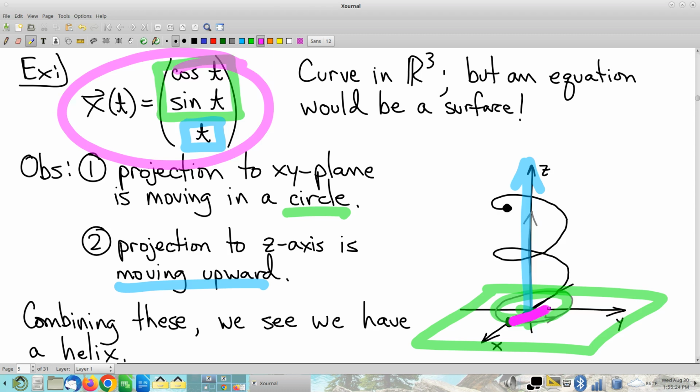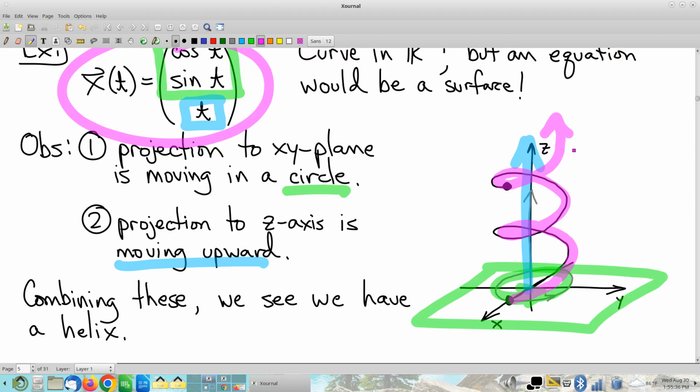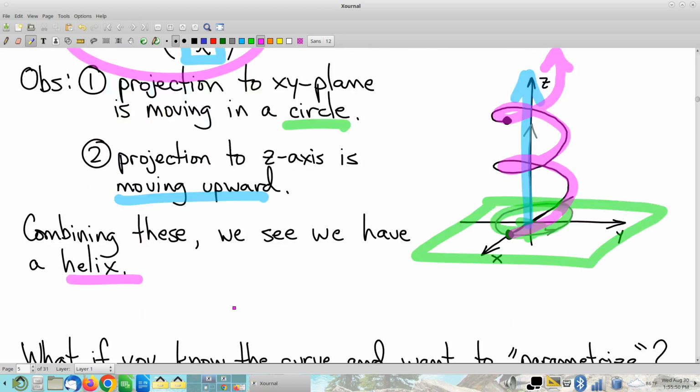Something whose shadow is going around in circles, but itself is also rising at a constant rate, is a helix or a corkscrew. Yeah. Okay. Everybody follow? This doesn't always work. This works only when the projections are convenient, another tool for your toolbox. All right. Okay. Moving along.